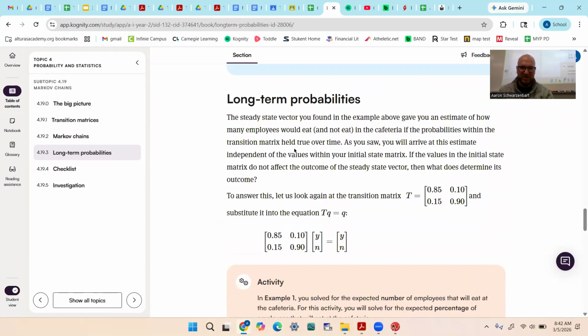You saw you will arrive at this end value independent of the values of your initial state matrix. Okay. Does not really matter what your initial state matrix is because we can get the steady state vector without having an initial state matrix. It's just a y and an n. Okay.